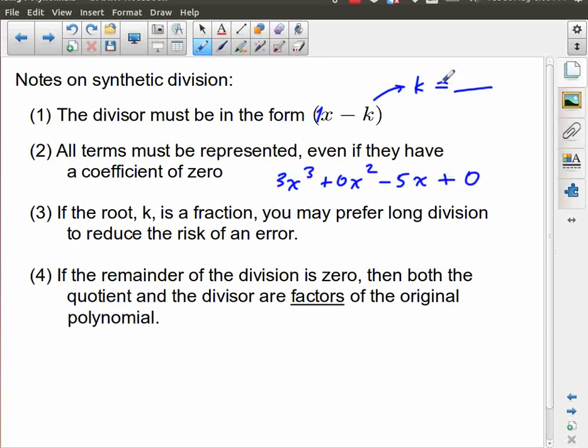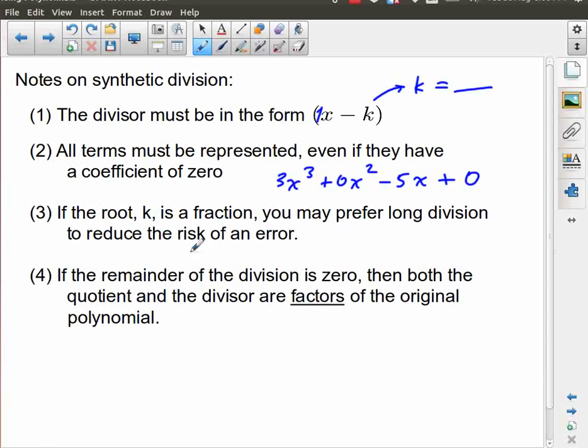If the root is k, so it's x minus k, so that means a root is k. If you've got a fraction, long division, again, this is another case where long division is probably going to be your preference. I'm actually going to show you an example here of what it looks like if the root is a fraction.